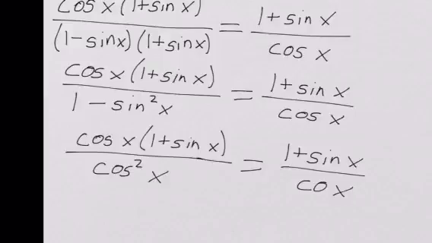And now the last step I have is a little bit of cancellation. I have a factor of cosine of x in the numerator. I have 2 of them in the denominator, so I'm going to get rid of 1 of them.